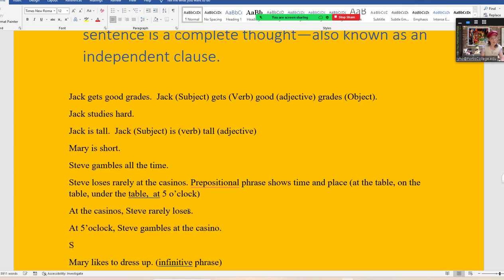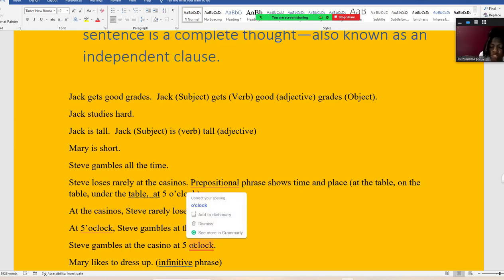And you could have Steve gambles at the casino at 5 o'clock. Anyway, like that. And so when you put the prepositional phrase at the beginning of the sentence, you got to put a comma. Yeah, comma.